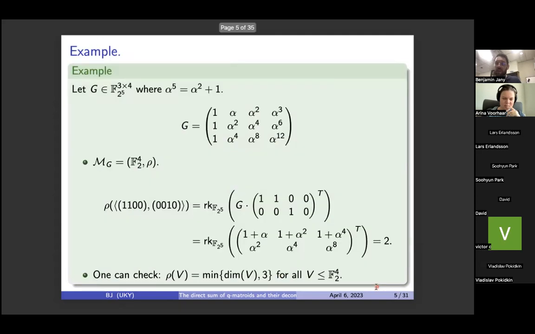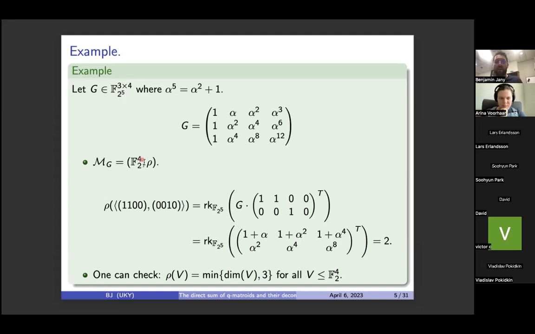So let's look at a little example to get a better understanding of how to get this q-matroid. I can start with a matrix G defined over F_2^5 here, and we consider this F_2^5 as being the field extension of F_2.